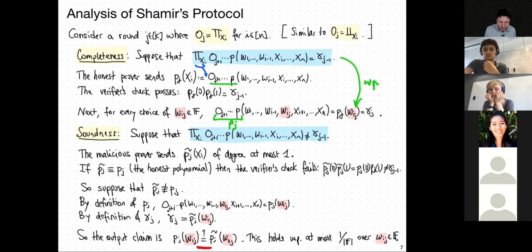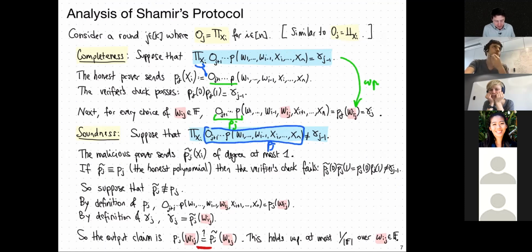There's a question about honest. Honest is well defined. It is basically this expression here. That's the honest polynomial, pj. That is what the honest prover would have sent.